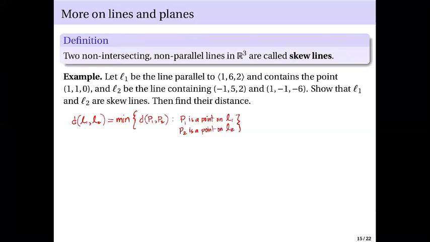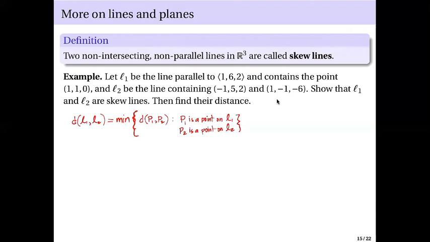So that's how we define distance between two lines. And this also works for skew lines. You get all possible distances and you choose the smallest. That will be the distance between the two lines.